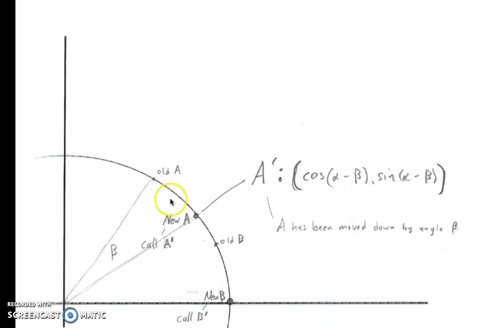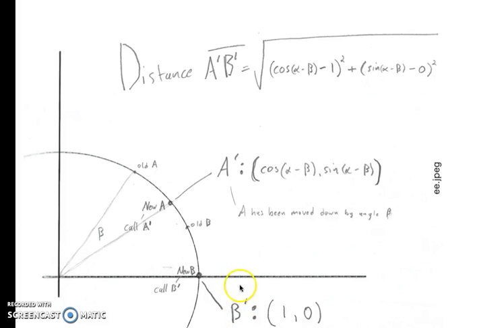So what we have here is the position of point A prime. Its x coordinate is the cosine of alpha minus beta, because it started at alpha and then the angle got shifted by beta, so its new location looks like this.